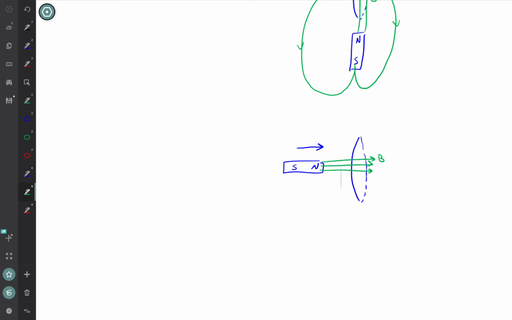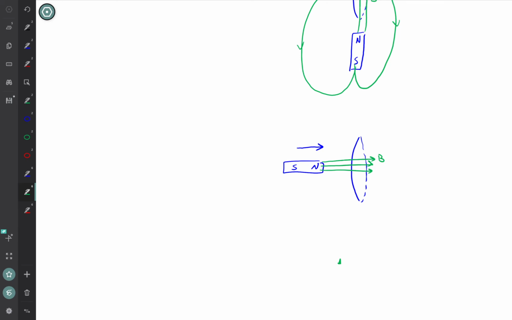So the loop feels that there is more of the magnetic field coming towards it because you're moving the magnet towards it. And Lenz's law says that the loop wants to oppose either the increase or the decrease of the field. In this specific case, because you're moving the magnet towards the loop, it feels that the field is increasing. So B increases, and the loop does not like it.